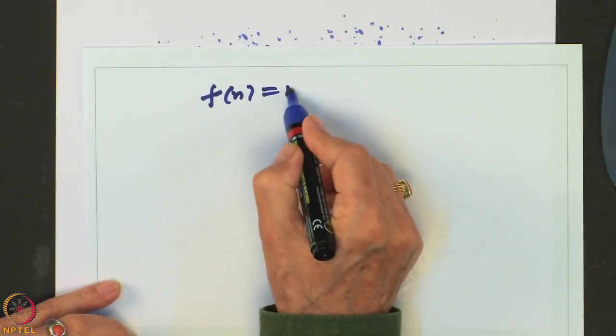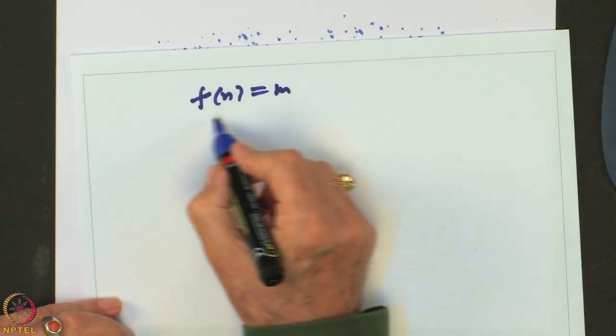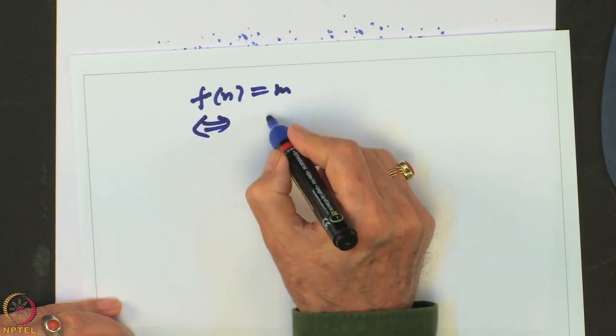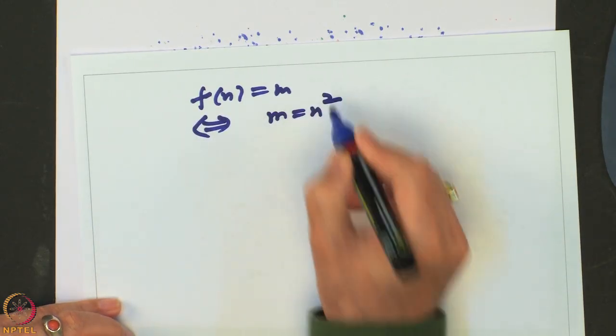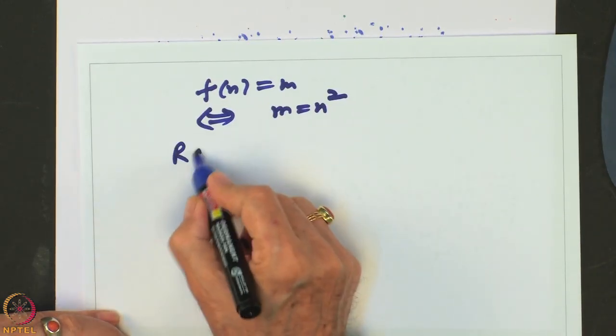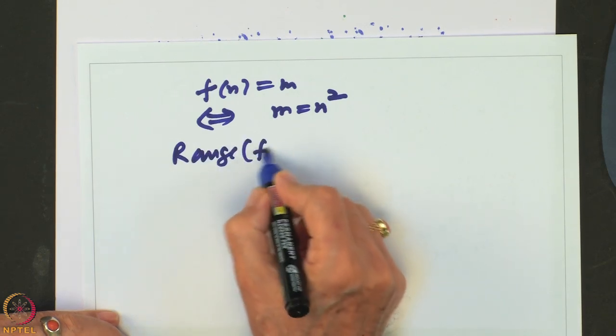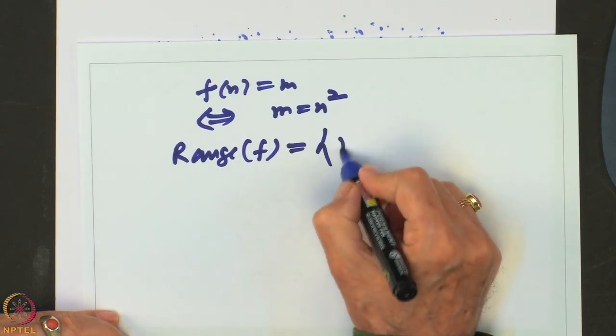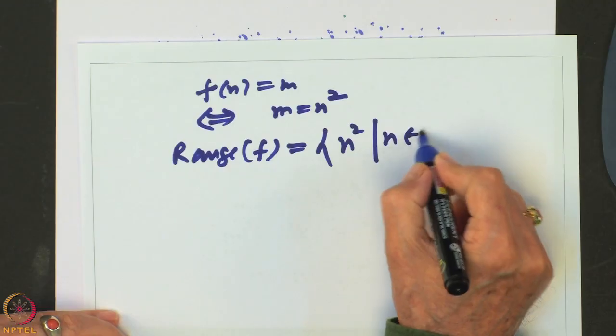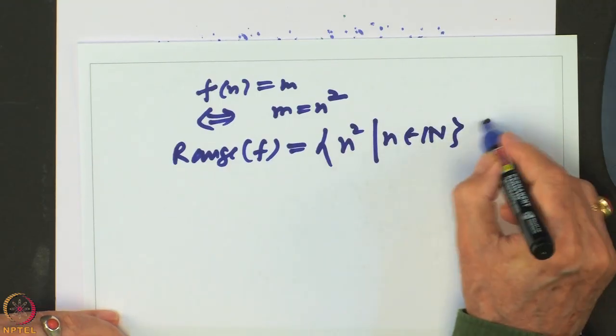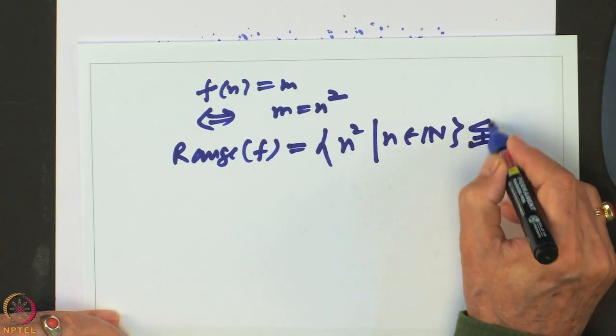What does that mean? f of n equal to m means this will happen only if m is equal to n square. So, the range of f is equal to n square, n belonging to N, which, note, is a proper subset of N.